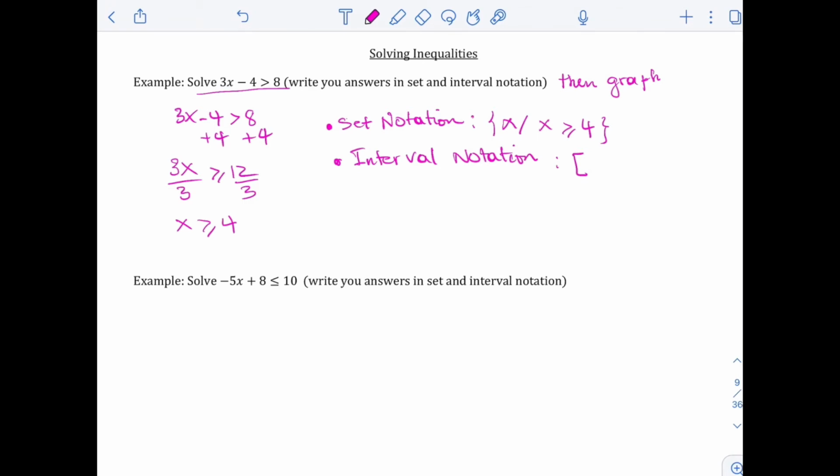So we put a bracket to tell the reader that 4 is part of the set. From 4 it goes all the way to infinity because it never stops.